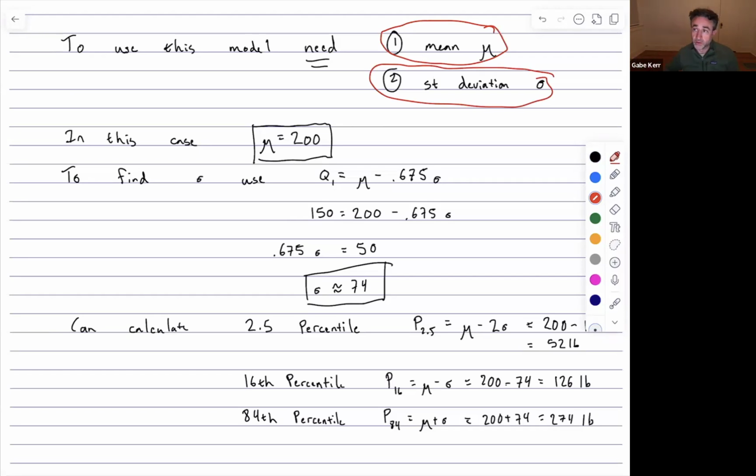And of course, you could calculate the third quartile, which in this case would be 250, and a few other things. I'll leave those computations as exercises to the reading, but this is the idea of modeling with normal distributions.